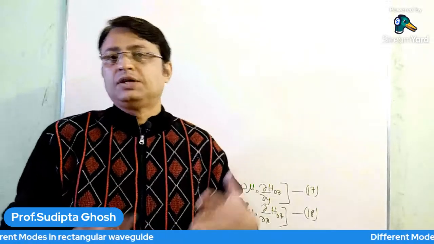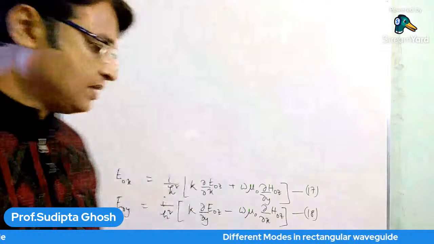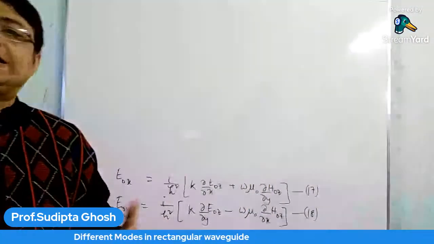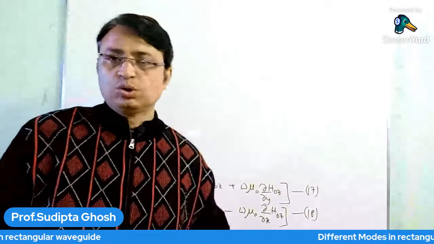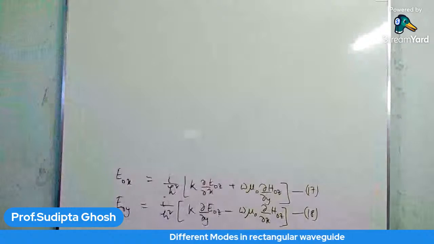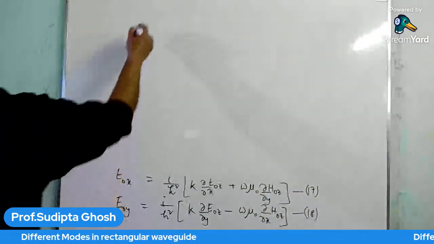That means for TE waves EOZ equals 0, as I have already discussed. And now as EOZ equals 0, the entire field will be determined by the component HOZ only. So the wave equation satisfied by H, I have already derived that.